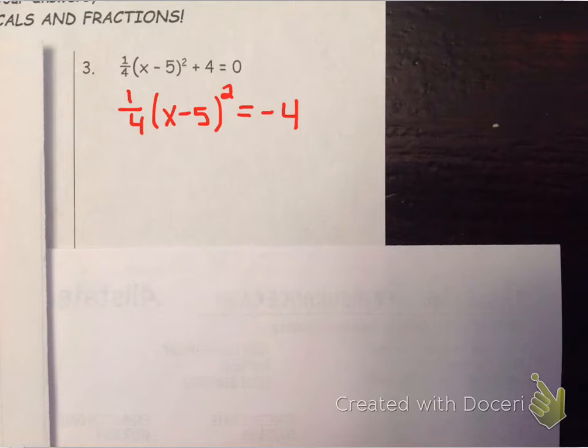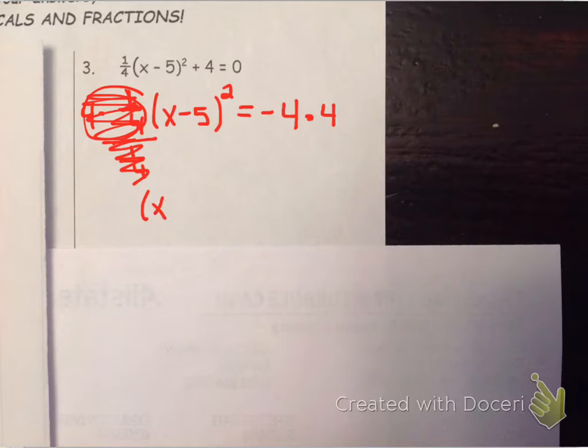And then technically what we're doing next is dividing by the 1/4, but dividing by 1/4 is the same thing as multiplying times 4. And so that is usually how we write it. We would say, oh, I just multiplied both sides by 4, and that's what canceled the 1/4. But it's the same thing. And so that gets the (x minus 5) squared by itself, and it gives us negative 16 on the right.